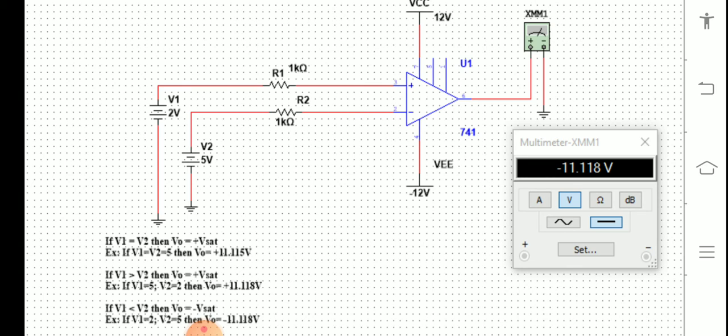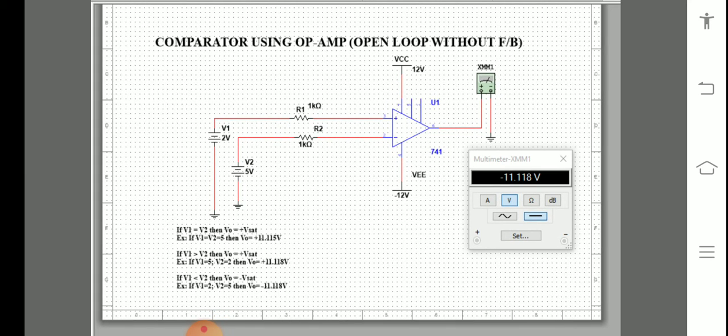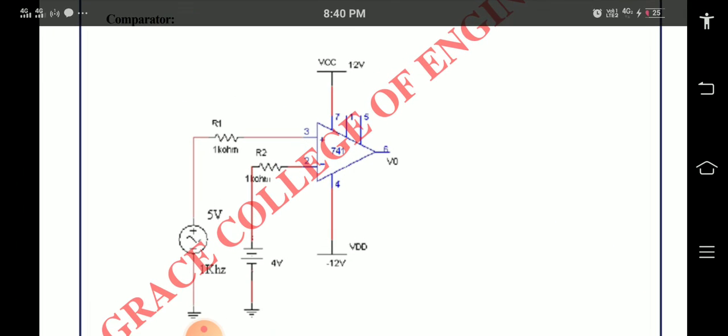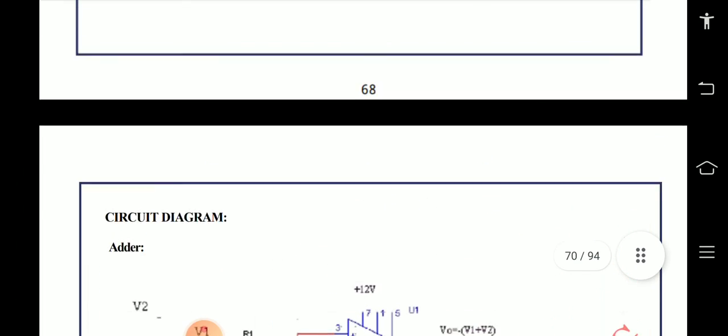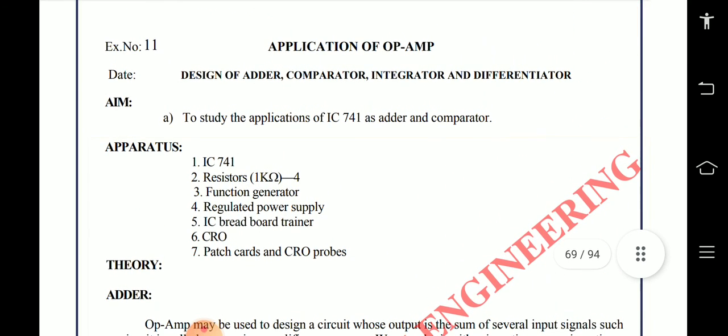Whenever V1 is less than V2, your V0 will lie at the negative V saturation. So this is how we can verify your comparator by using your op-amp. Hope you understand the concept of these applications of your op-amp, that is adder and comparator, by designing its circuit and verifying its output.